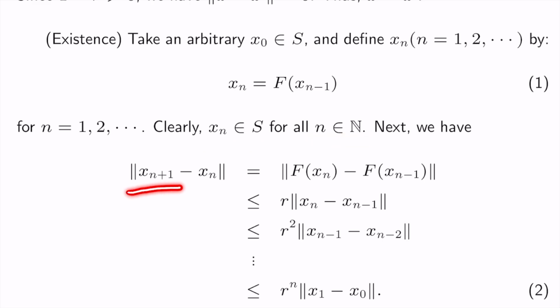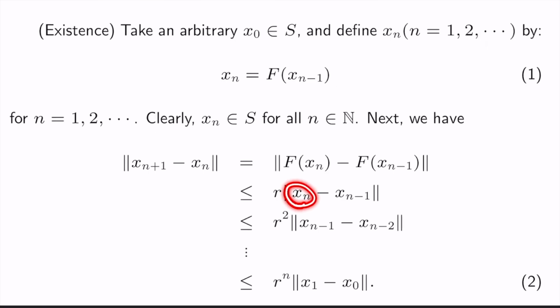Next, consider this difference between xn plus 1 and xn and take the norm of it. So this is equal to this because we define each xn by this equation. So this is okay. And since f is a contraction mapping, this whole thing is less than or equal to some constant r times the difference between xn and xn minus 1.